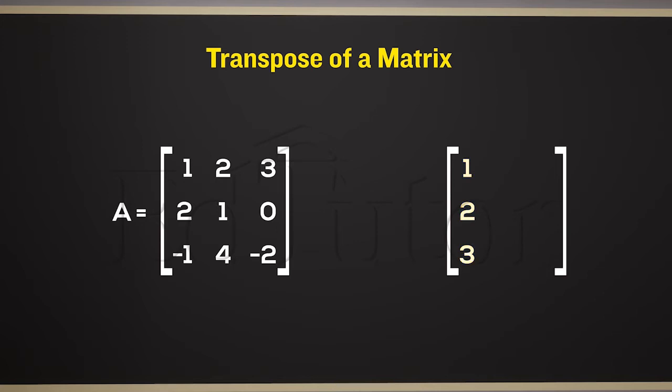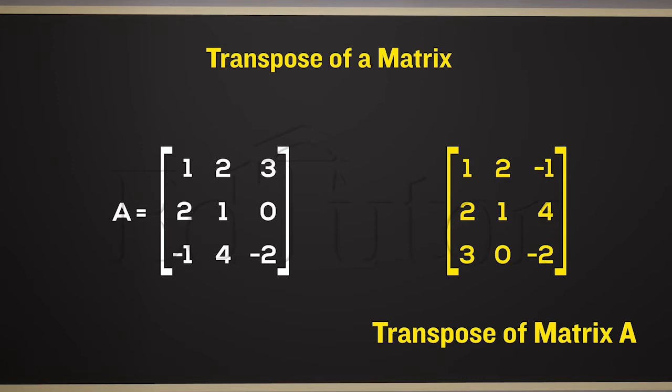Now take the elements from the second row of matrix A and place them in the second column of this new matrix. Similarly, take numbers from the third row of A and put them in the third column of the new matrix. This resultant matrix is called the transpose of matrix A and is written as A with a T in the superscript up here.